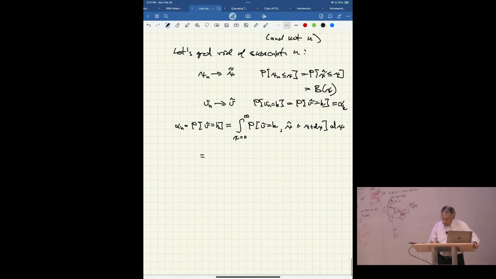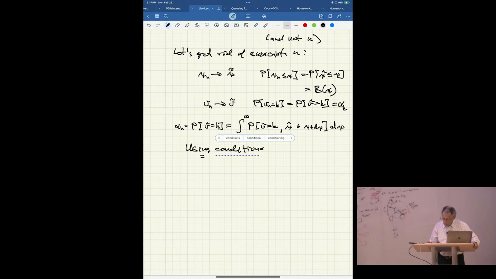So using conditional probability, I'm going to rewrite the joint as follows. Alpha k is equal to this integral from 0 to infinity of this joint, which I'm going to write as a conditional.